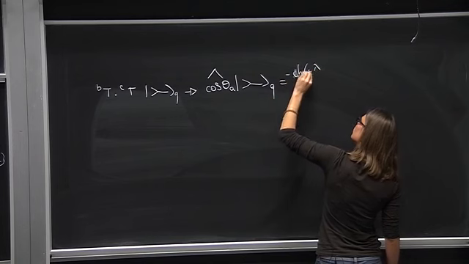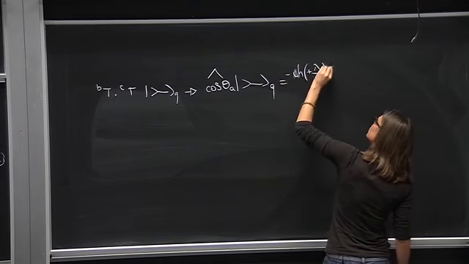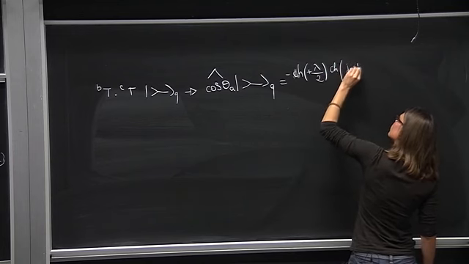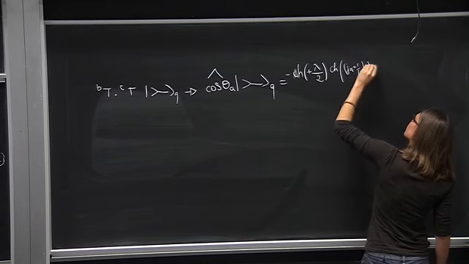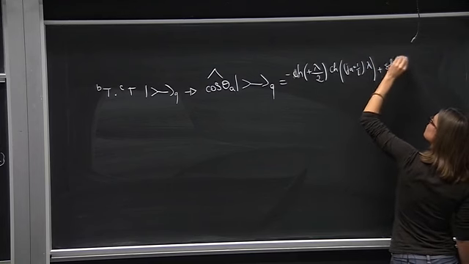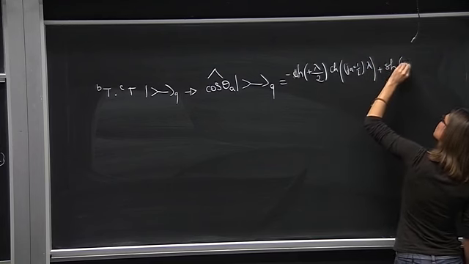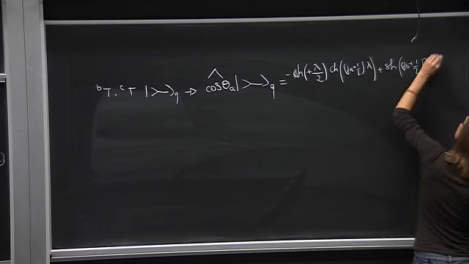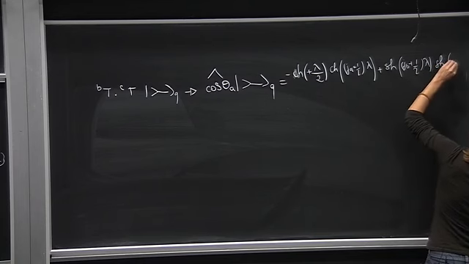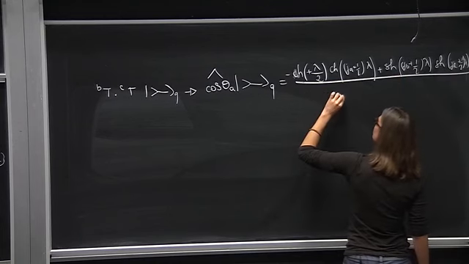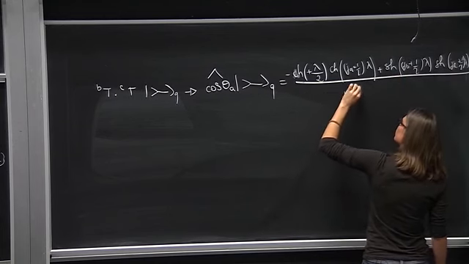So I'm going to give you what lambda is. So J_A plus 1/2 lambda plus some sine J_B plus 1/2 lambda divided by the normalization of my tensor.